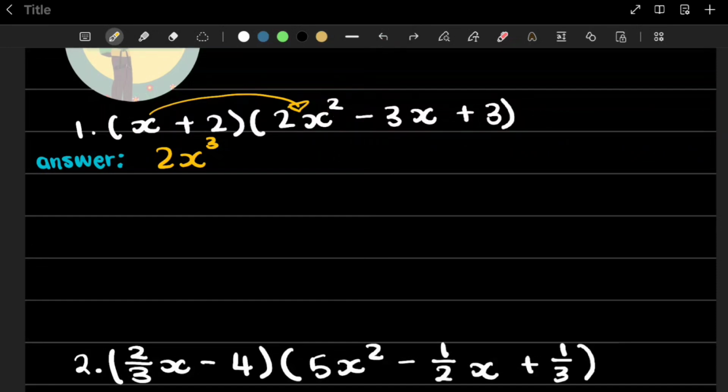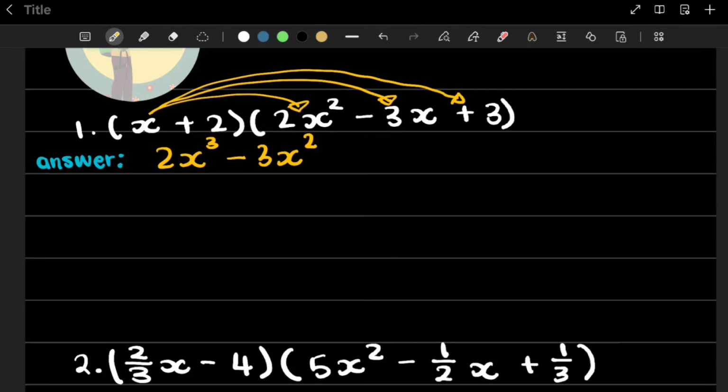So that's 2x cubed. Now we're going to say x times minus 3x, and that will give us minus 3x squared. And then we've got x times 3, and that will be positive 3x. We're not done. We only did the first term. We still need to do the second term. So let's get started with that.